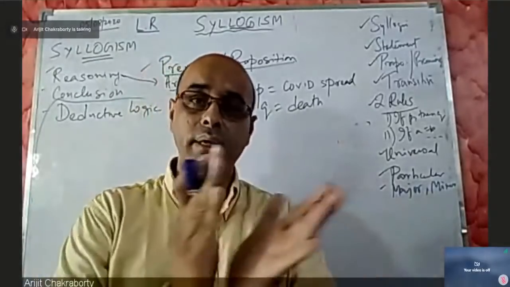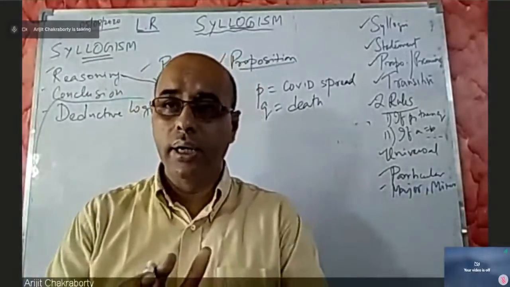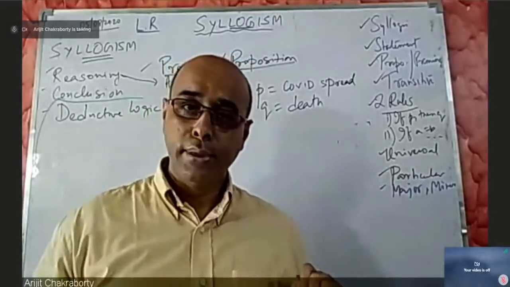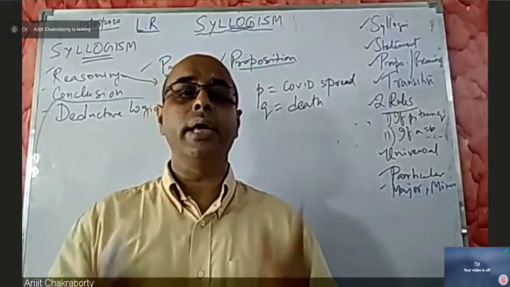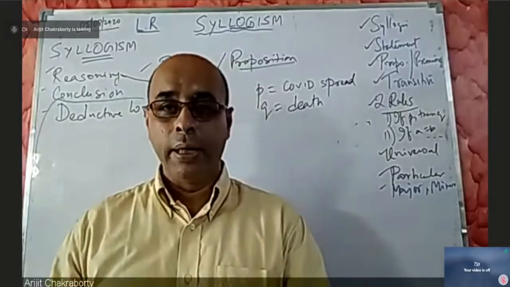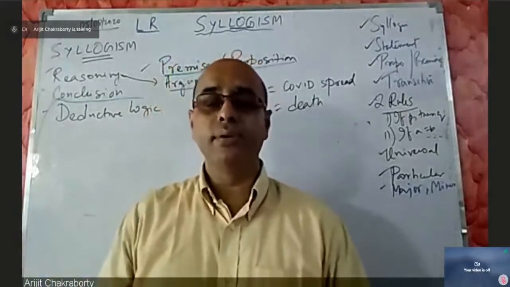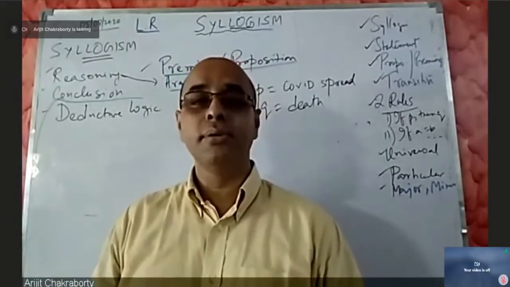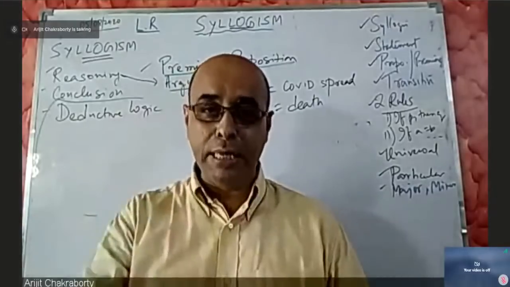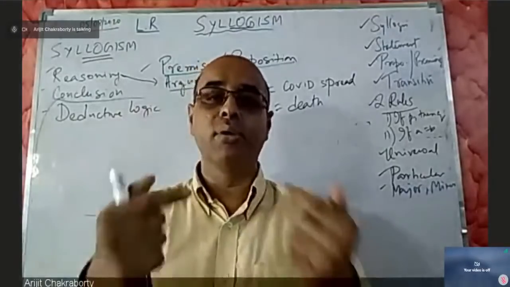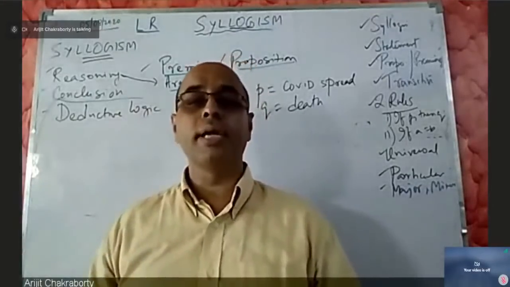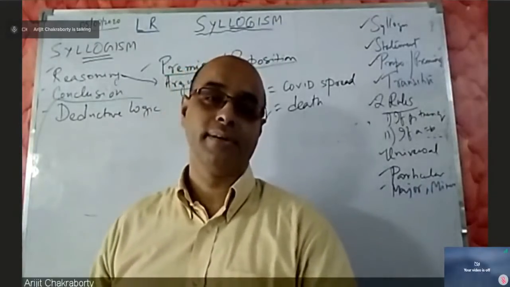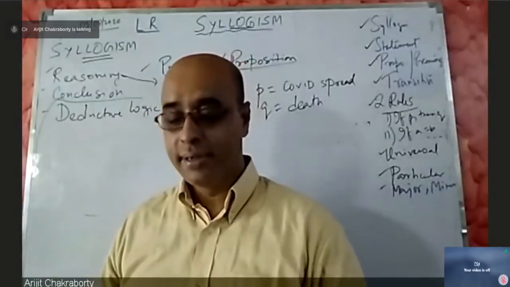So if P, then Q. If Q, then R. So the conclusion is, if P, then R. Similarly, I explained if A is equal to B, and if B is equal to C, then the conclusion is what? A is equal to C. A equal to B, B equal to C, so A is equal to C. This property is called transitive property. Right? I hope you're following.